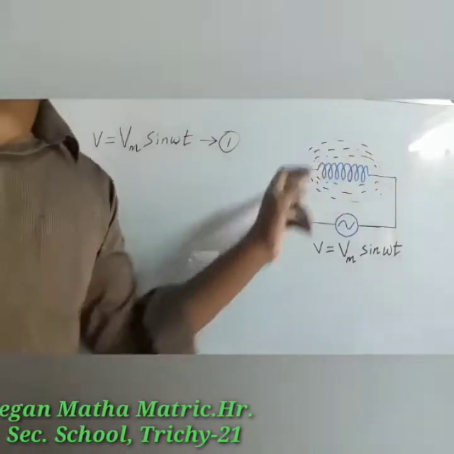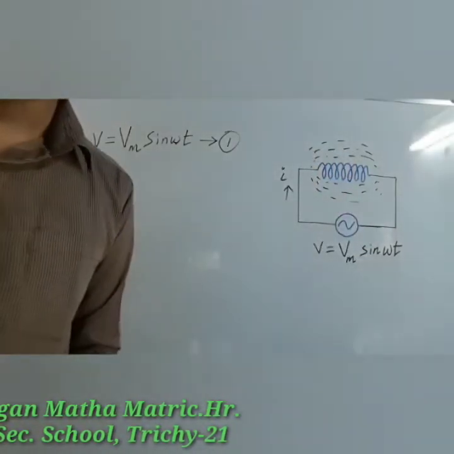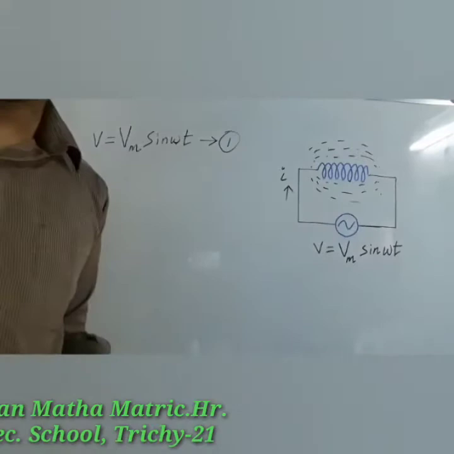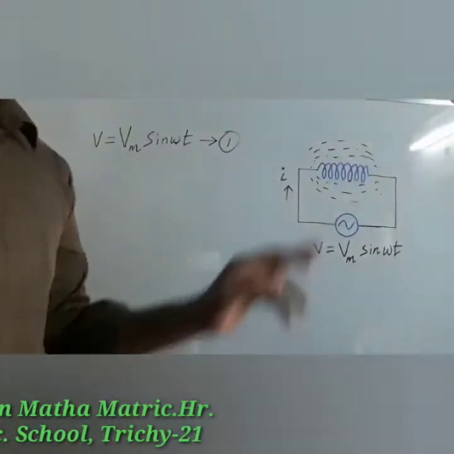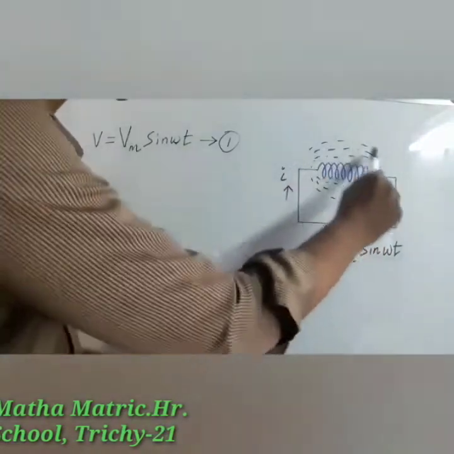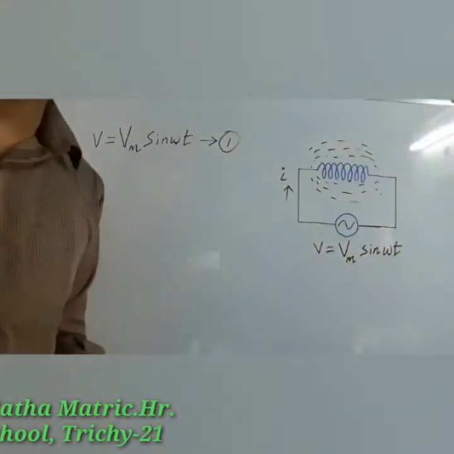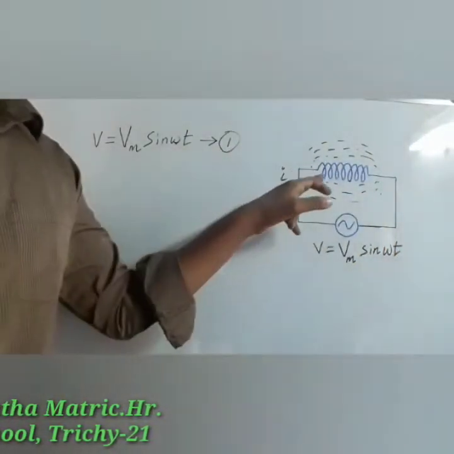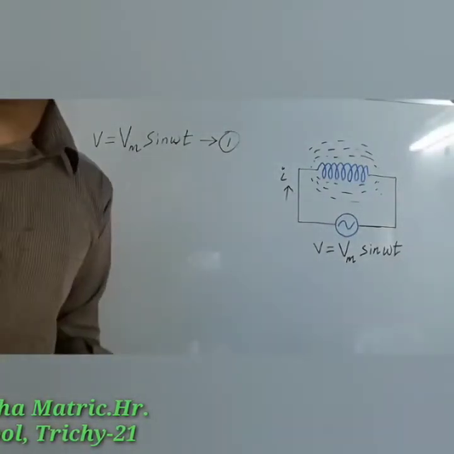When the inductor is connected with the alternating voltage, an alternating current flows through the circuit. That current flowing through the inductor will produce a magnetic field around the inductor, so there will be a change in magnetic flux.